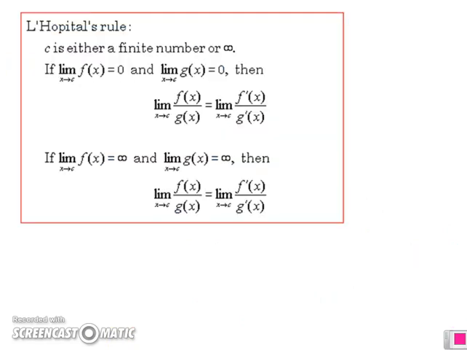Okay, L'Hopital's rule. This allows us to deal with limit problems that have indeterminate form. So what you can do, first of all, is take the limit. If you have a rational function, let's start there. A rational function is when you have a fraction, two functions divided by each other. You can deal with the derivatives of each function.